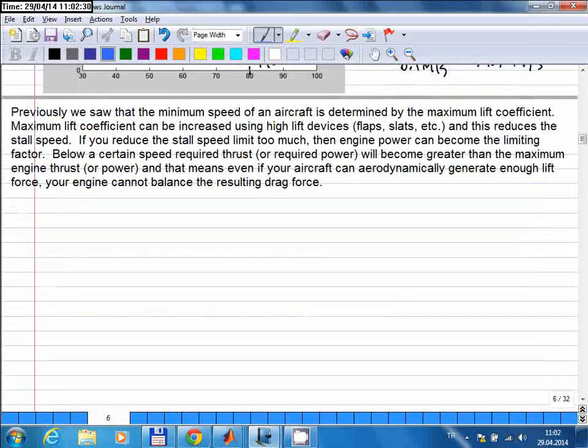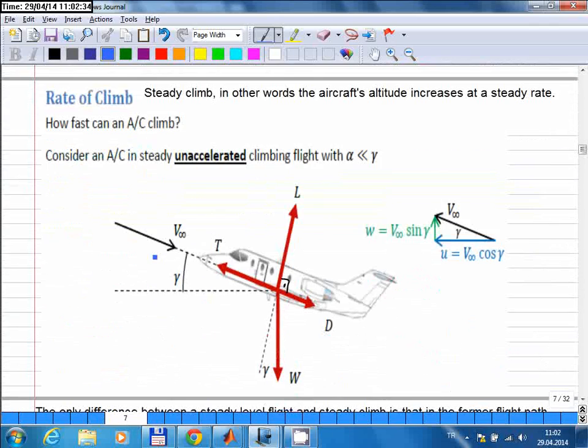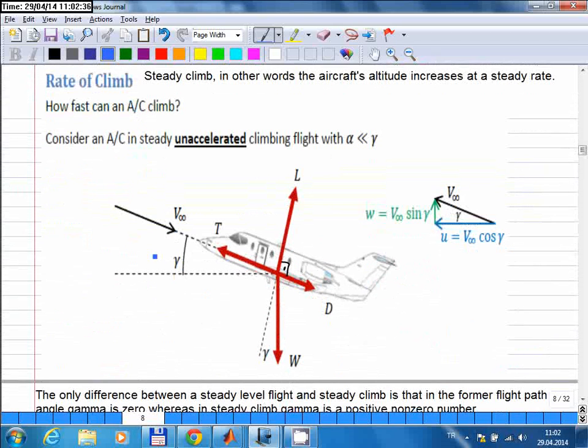Okay, I think we can start talking about now the climbing flight. So if you remember, before we started this steady level flight condition, we started with a more general case, right? We drew the diagram for the most general flight, and then we put the forces on this diagram, and then we wrote the most general equations for longitudinal flight, and then we did a lot of simplifications.